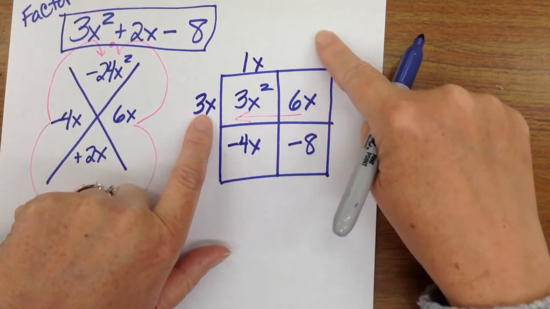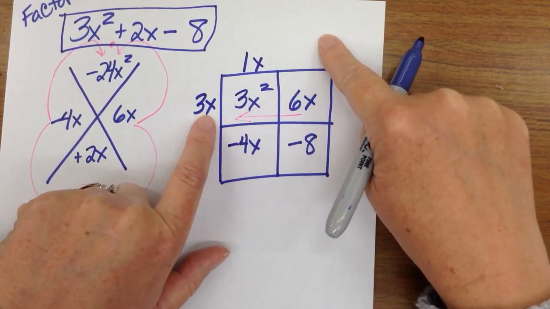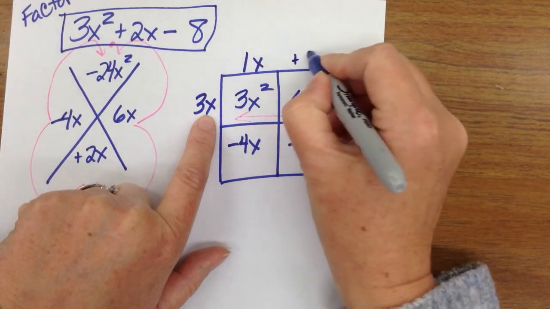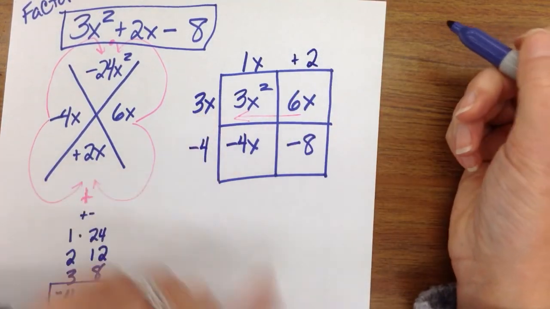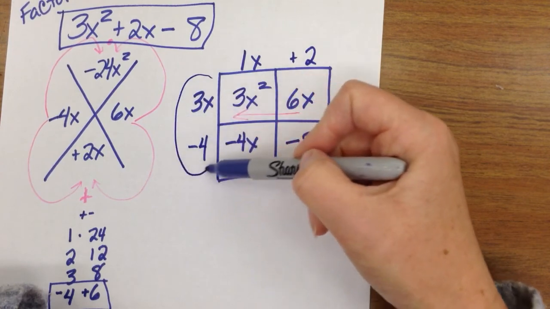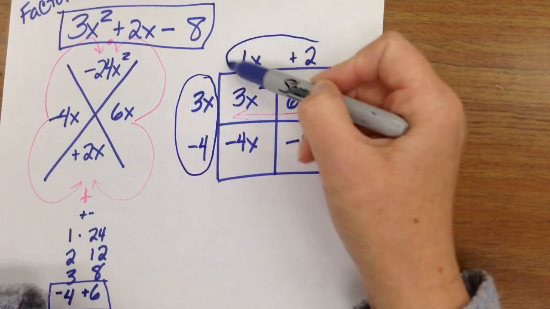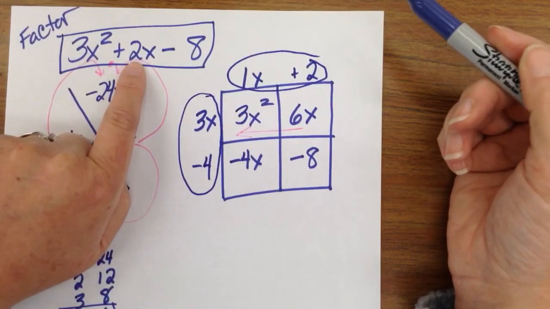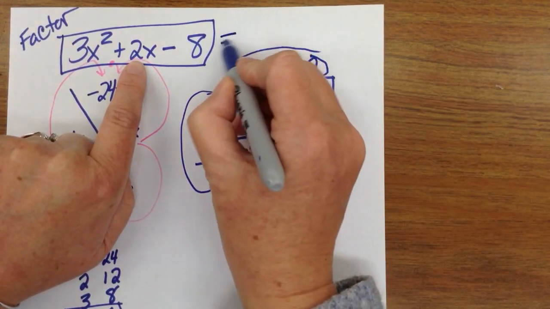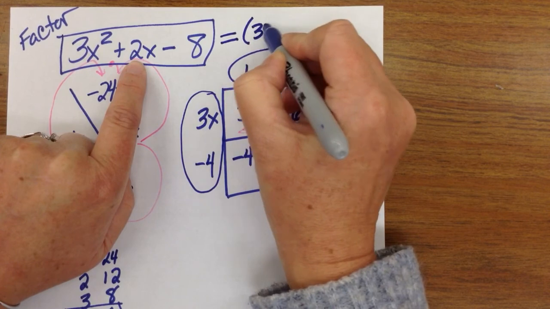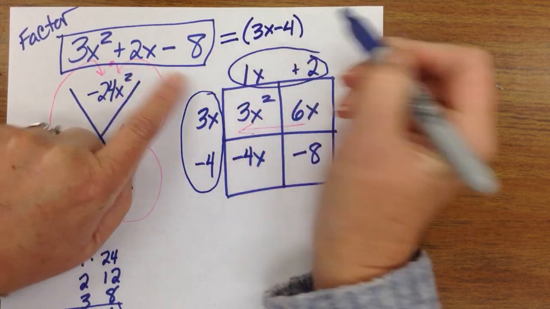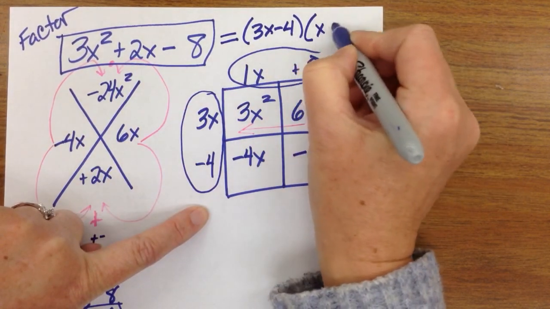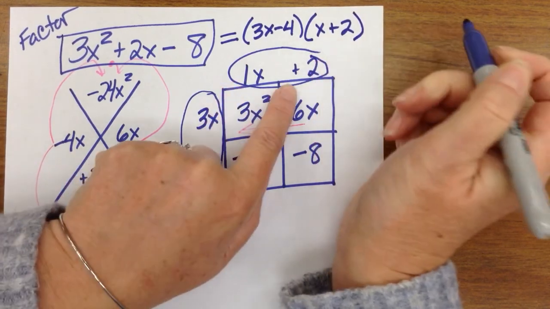I have a 3x here. What times 3x makes 6x? Positive 2. So how did this help? These are the factors. This trinomial will factor into 3x minus 4 and x plus 2.